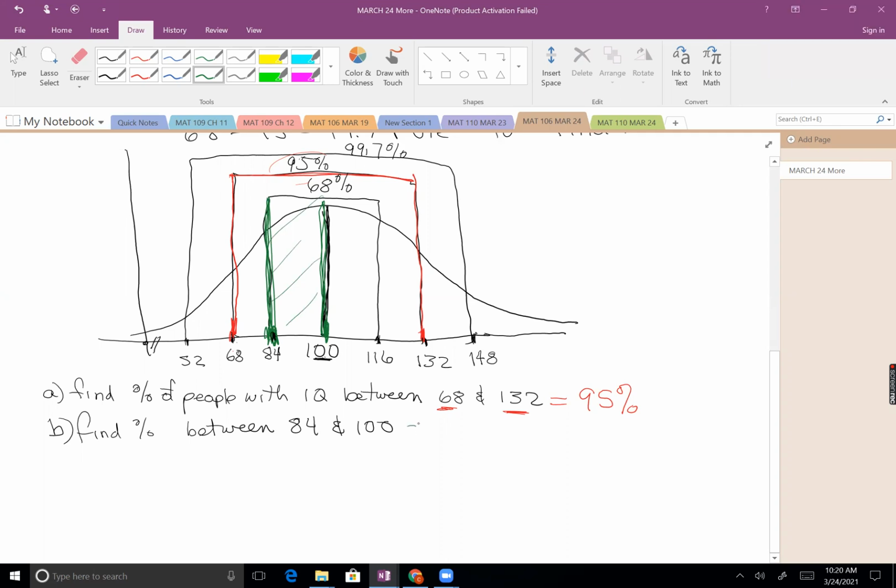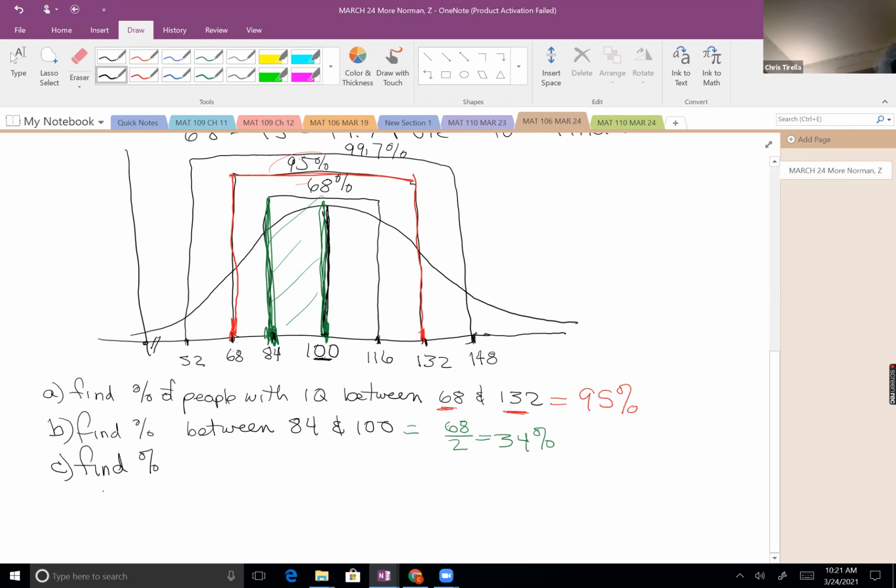Because of the symmetry, wouldn't that be my 68%? But I'm only taking one side of it, so I'll divide it by 2 and get 34%. That one all right? Yeah. Middle, so we're only taking half.